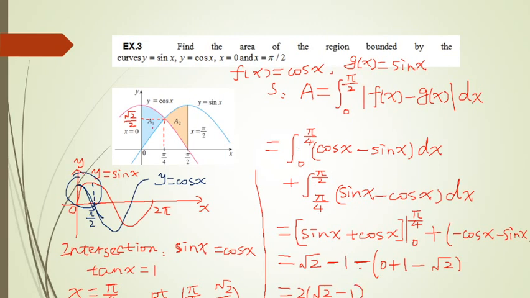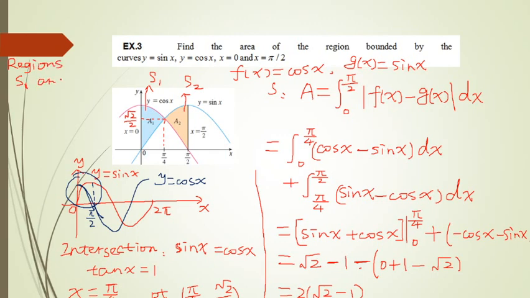And actually you will check that the region S1, we just call the first area S1, and this region is S2. You will notice that those two regions are symmetric actually.